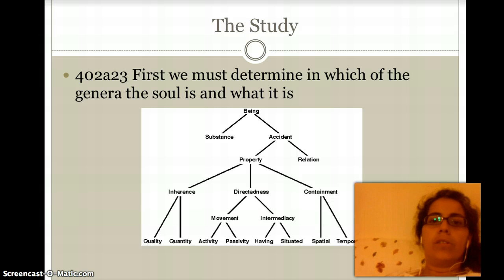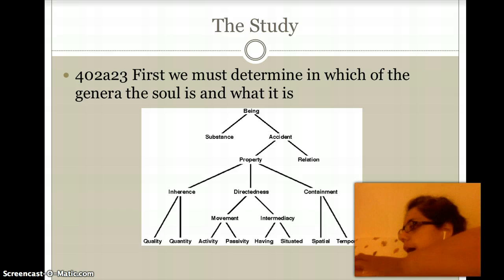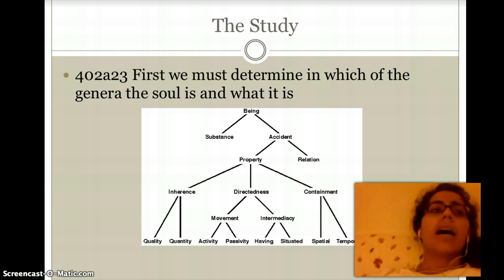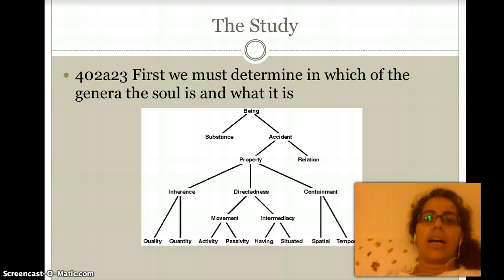So, in order to do this, Aristotle devised these different categories that you have on the PowerPoint. He talks about when beings exist, when there are things, they're going to have a substance, they're going to have accidents, they're going to have things that are necessary for them, they're going to have things that are accidental and not required for them to be of that kind.